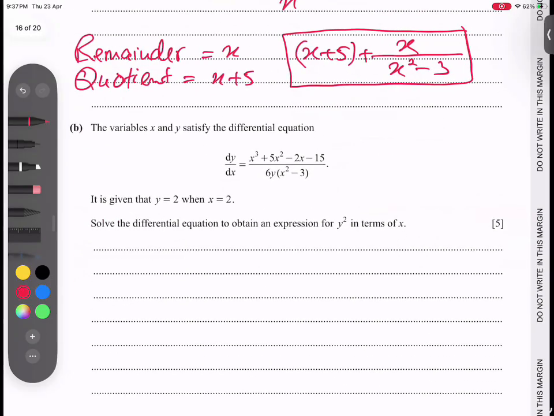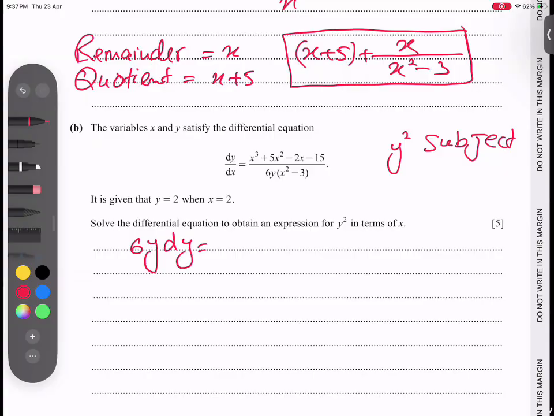So this question, we have to do it. The differential equation is given, and our main job is to find y squared in terms of x. So y squared is the subject. First of all, it means y, I must need on the left hand side. You can see all the x's are involved here, only one y. So this 6y will multiply on the left side, and dx, dy also we have.